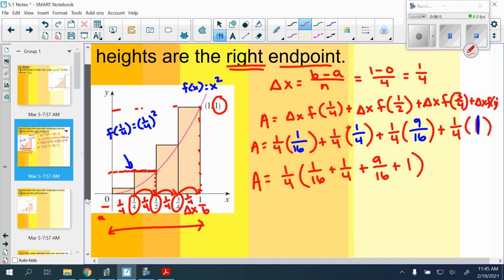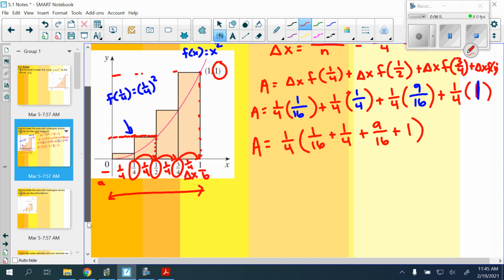If we were to do the common denominator way, it looks like the easiest common denominator would be 16. So this would be 1/16 plus 4/16 plus 9/16 plus 1, which would be the same as 16/16. If we add all those up, we get 25 and 5, I think it's 20. Yeah, 20/16.